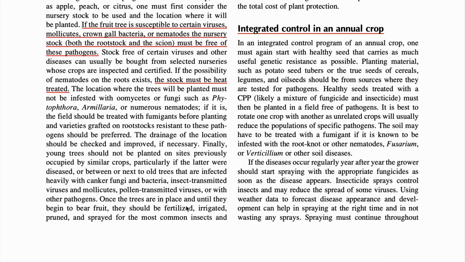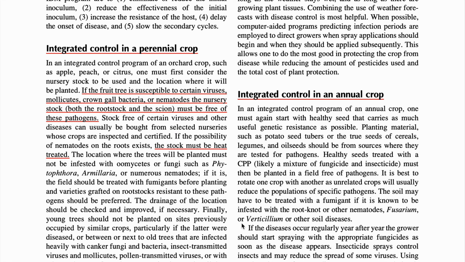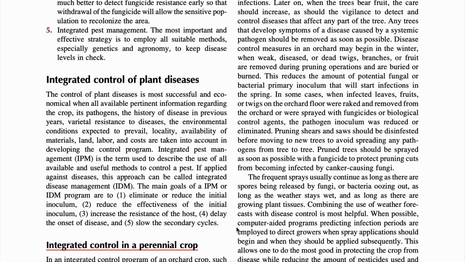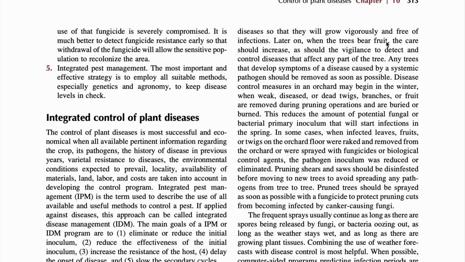Once the trees are in place and until they begin to bear fruit, they should be fertilized, irrigated, pruned and sprayed for the most common insects and diseases, so they will grow vigorously and free from infections. Later, when the trees bear fruit, the care should increase, as should the vigilance to detect and control diseases that affect any part of the tree.